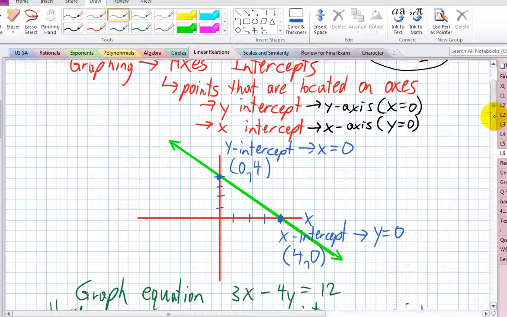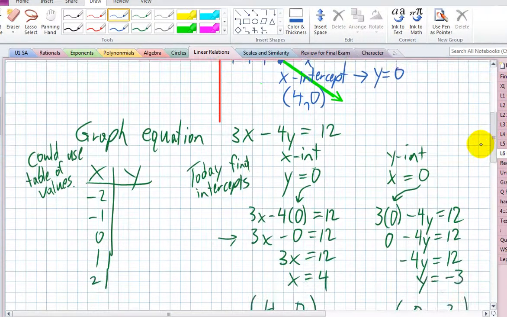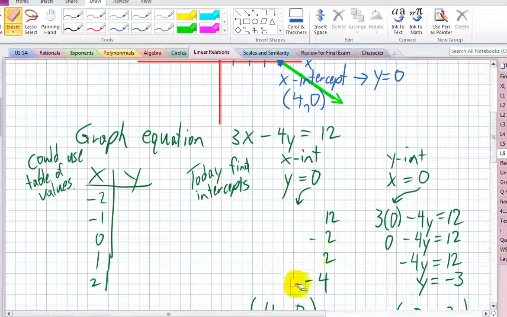So moving on, you're going to have a question like this in today's work. 3x minus 4y equals 12. You need to find the intercepts. Okay. So instructions would be to graph. So yesterday, we could have found a table of values easily.